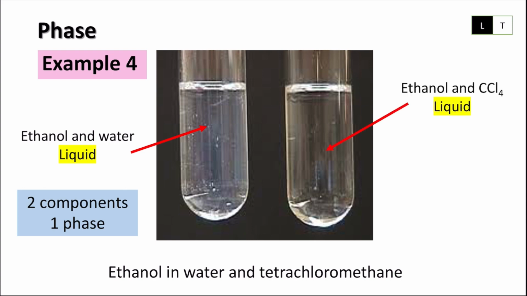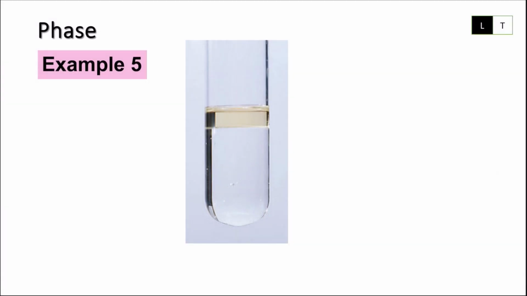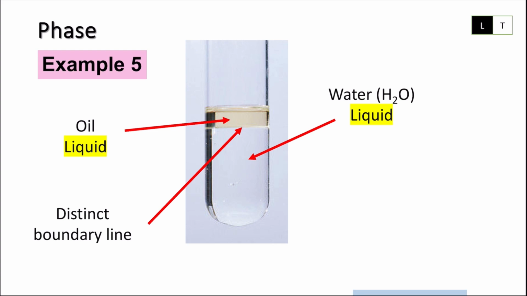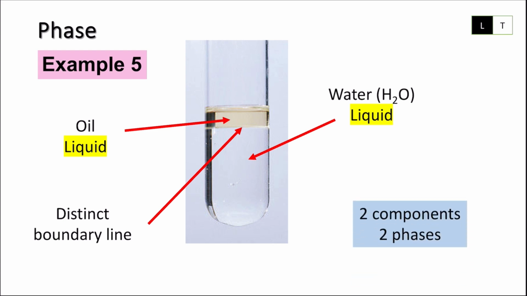Both of them are liquid and there are two components and they are also mixed well together, contributes to one phase. Let's talk about next example, which is we have oil in liquid phase and we have water in liquid phase.